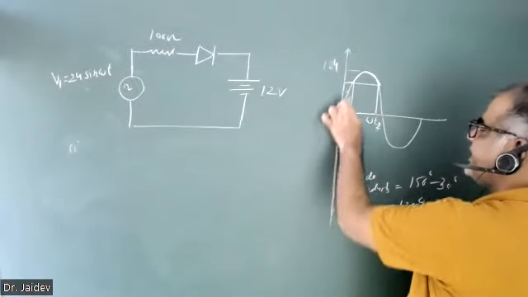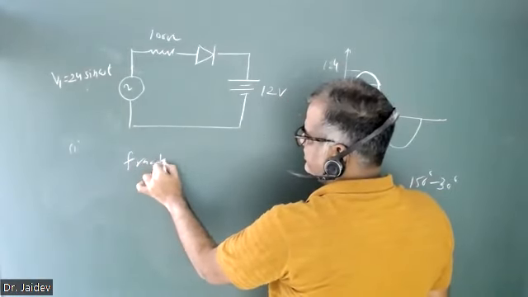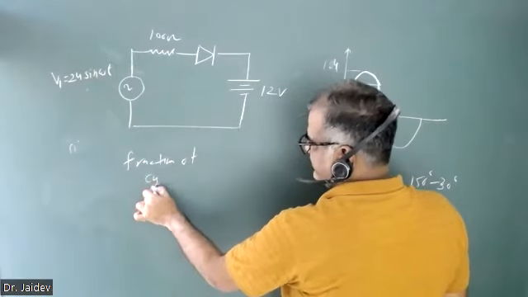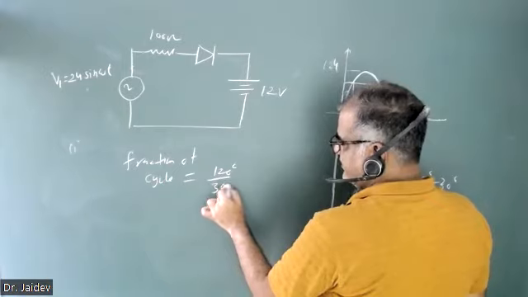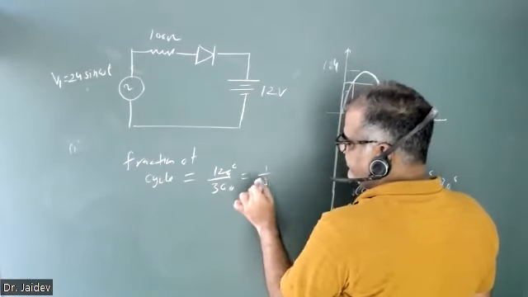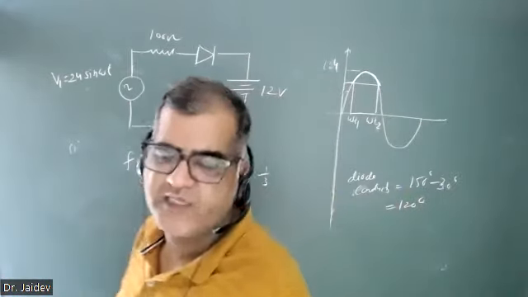The full cycle is 360 degrees, so the fraction of conduction will be 120 degrees divided by 360 degrees, which is 1/3. So it conducts for 1/3 of the cycle.